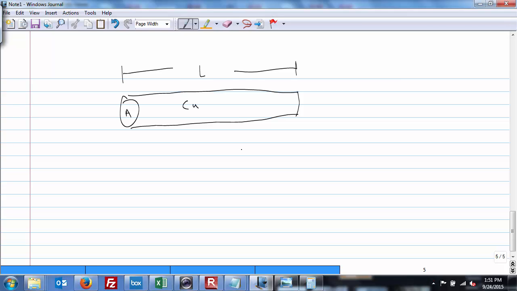So here's a good opportunity to look at the difference between an intensive property and an extensive property. So the relationship is that the resistance equals what's called the resistivity. Now, that symbol that I just wrote is the symbol rho. It looks like a P. It's the exact same symbol that I used to define density a second ago.